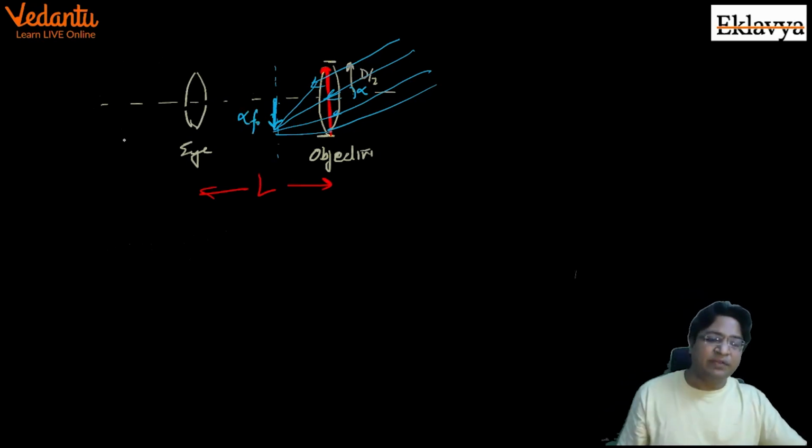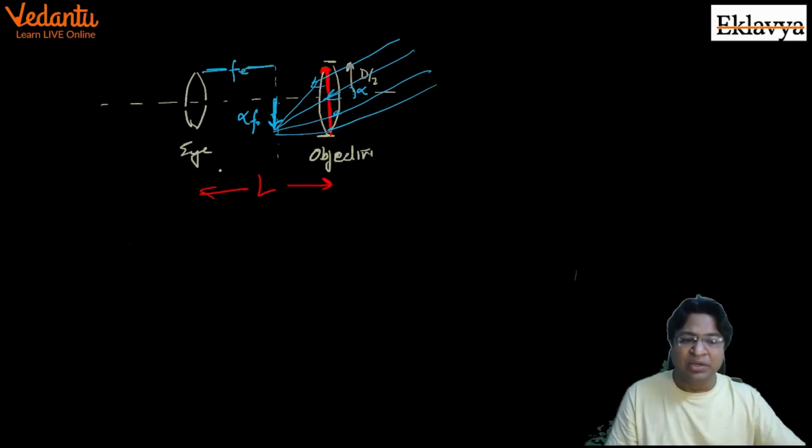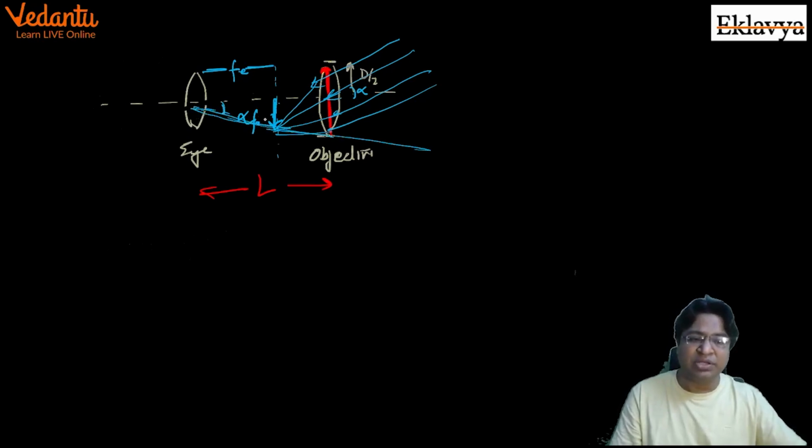Now if we have prepared this setup in normal setting, then this image should be at the focus of the eyepiece. So this distance should be equal to Fe. All right, and this would be the angle that we are getting using this instrument, the angle that the image is subtending at the eyepiece.